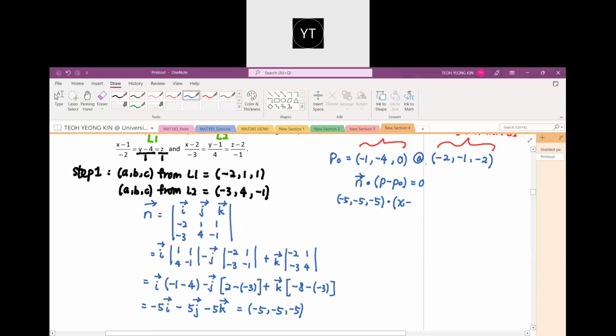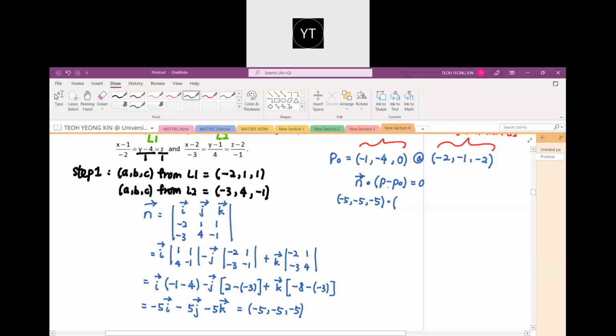Oh, sorry, I'm using the first line, which is the first p naught, the p naught from L1, which is much easier because we have 0 here.